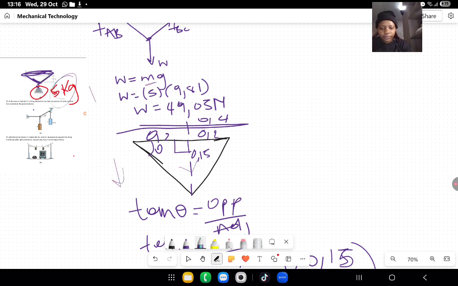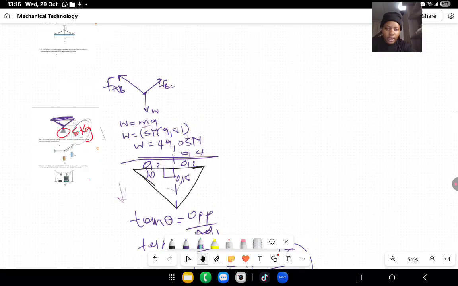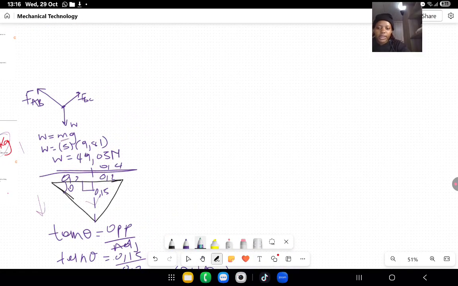So now let me calculate this side. We will say the sum of forces in Y equals to 0.